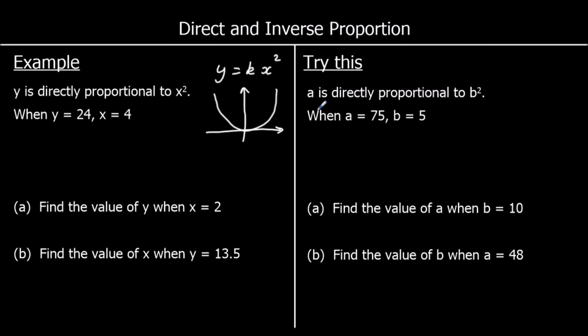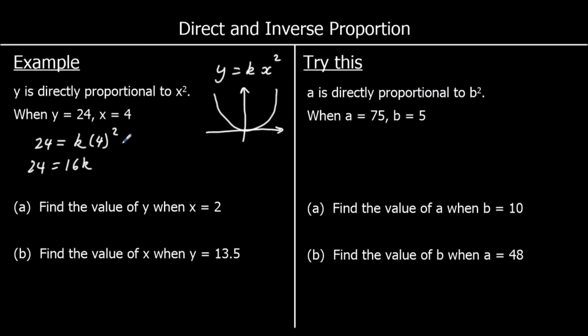So the relationship is y is something times x squared. We're given a value of y and x to work out k. So when y is 24, x is 4, so 24 equals k times 4 squared. 4 squared is 16. So 24 is 16k.